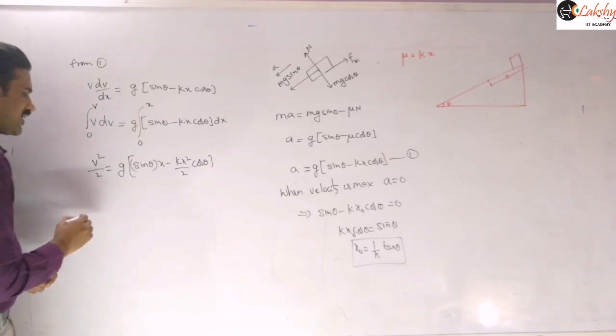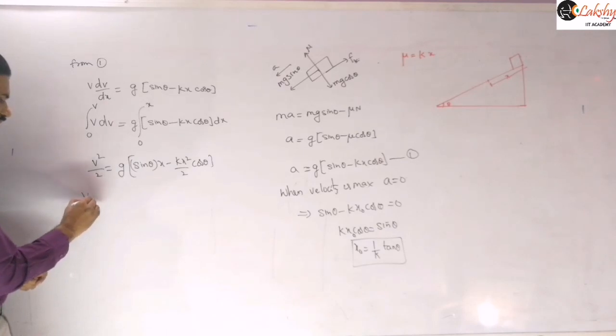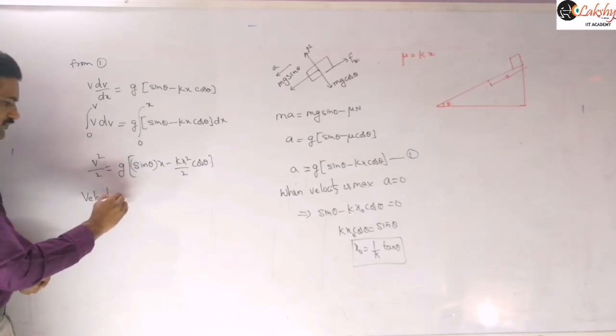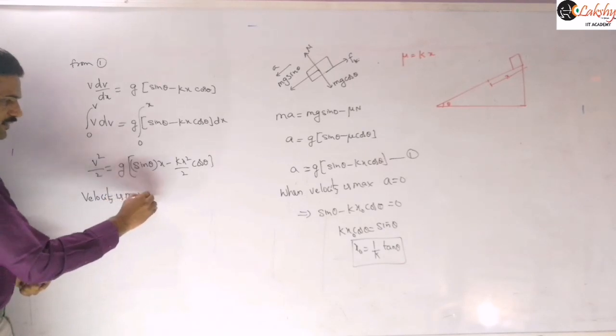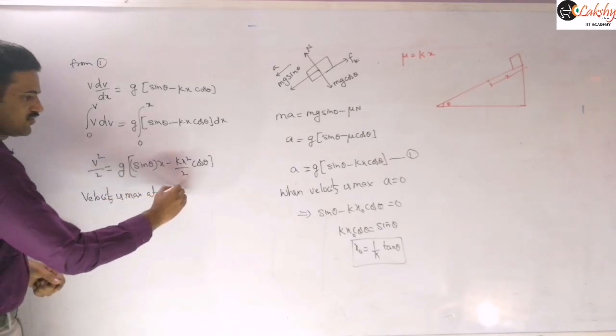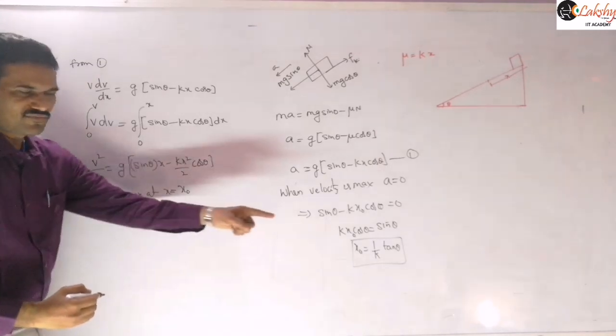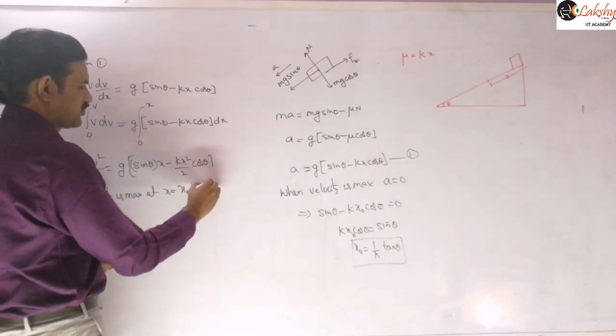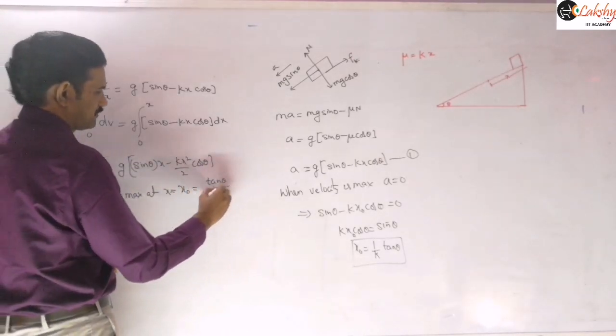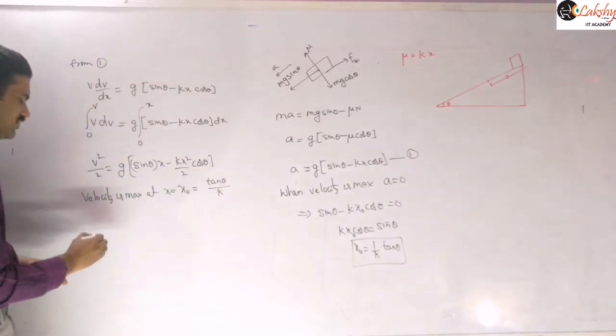So now here for maximum velocity, velocity is maximum at x is equal to x naught, which is equal to tan theta by k, that is our x naught value.